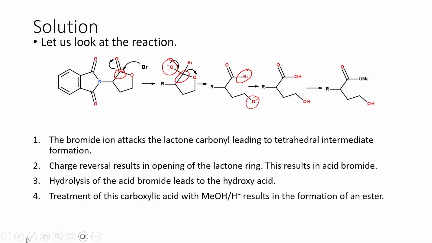So what is the next step? The next step is treatment with methanol in the presence of acidic conditions. The carboxylic acid is converted to the corresponding ester unit, so the hydroxy ester is formed.